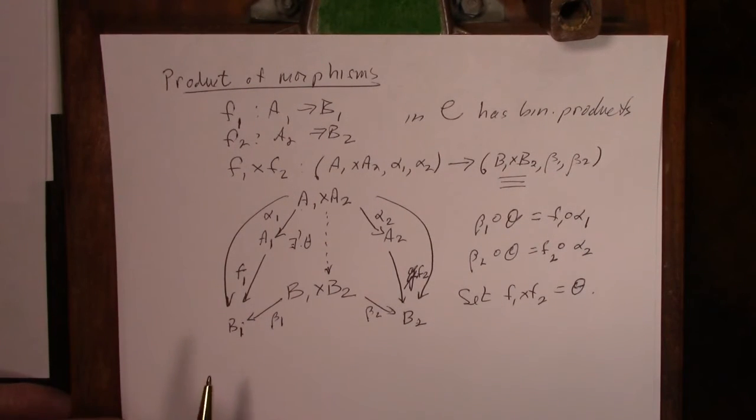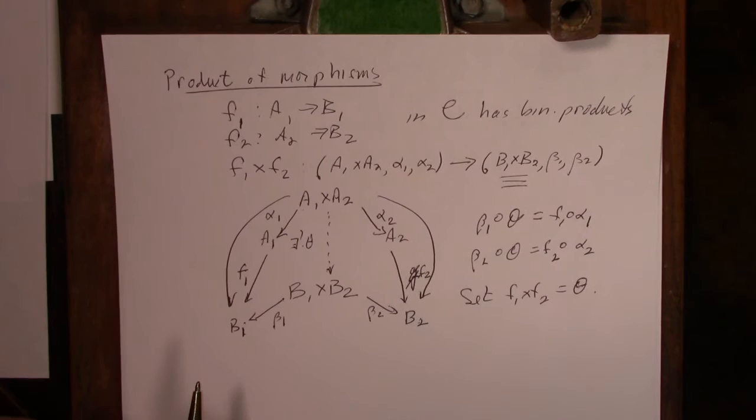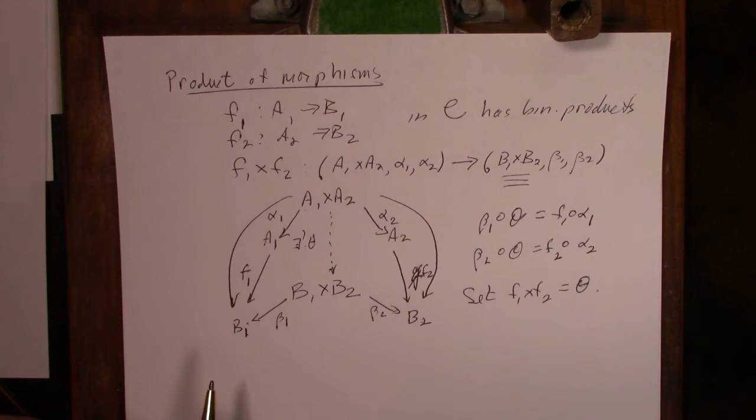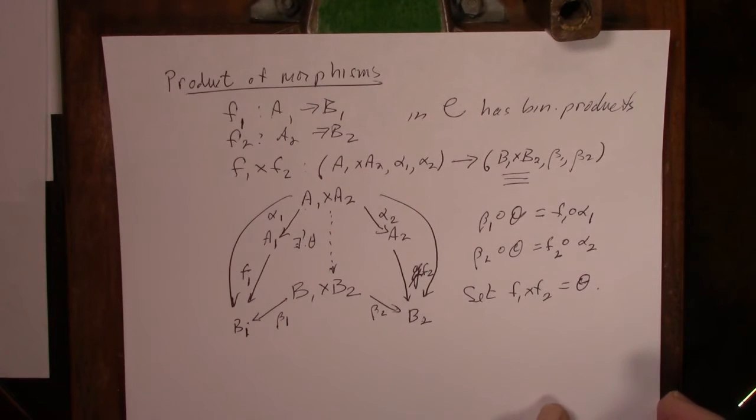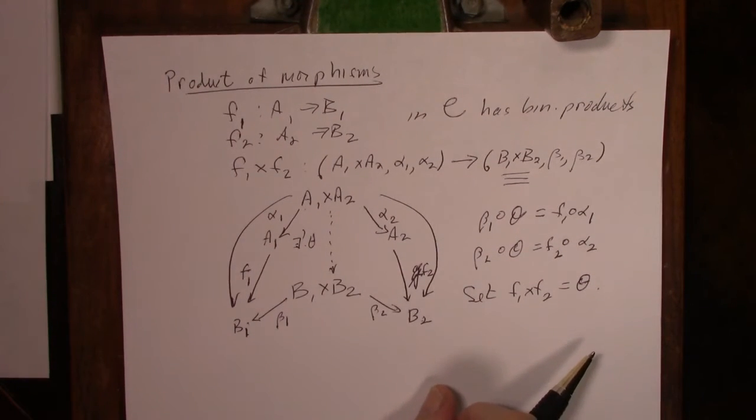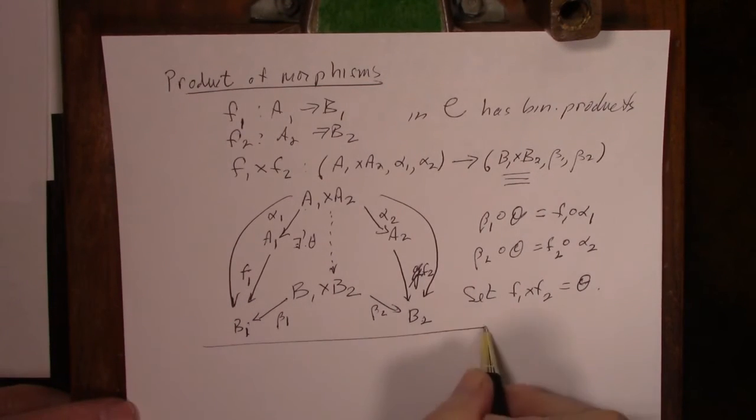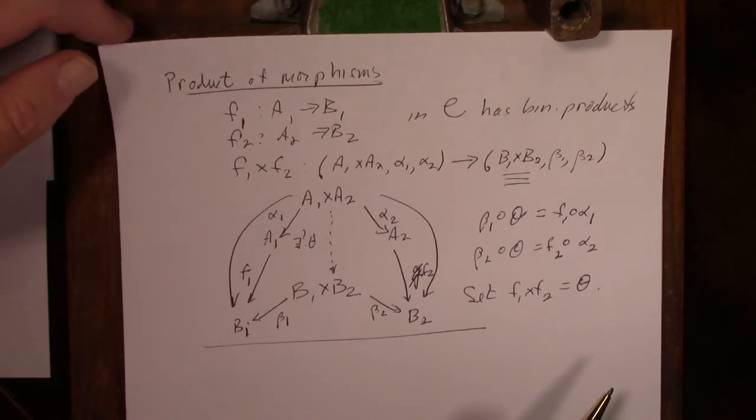So that's a typical example of definition using what you might call the mediating morphism trick. Because the mediating morphism is unique, it can be used to define maps through certain properties. Okay, so that's what I wanted to do before starting to look at some examples of functors.